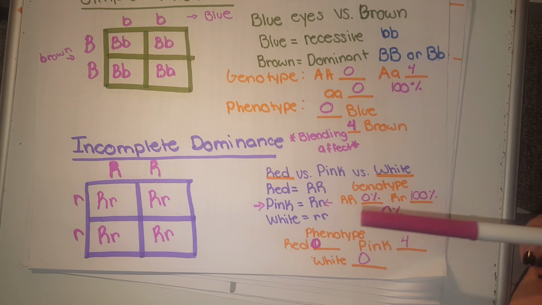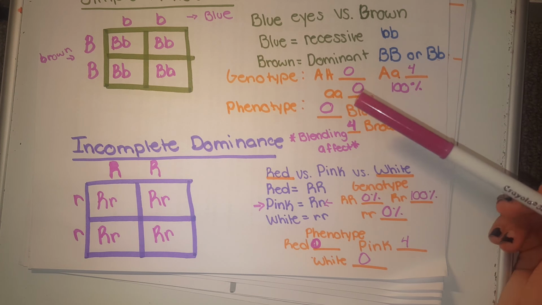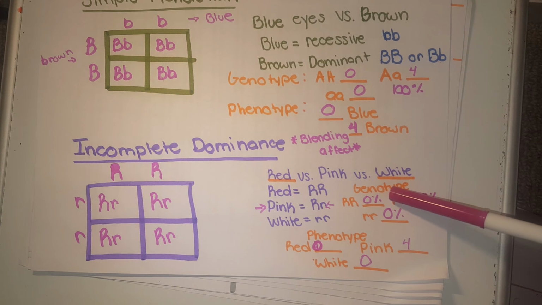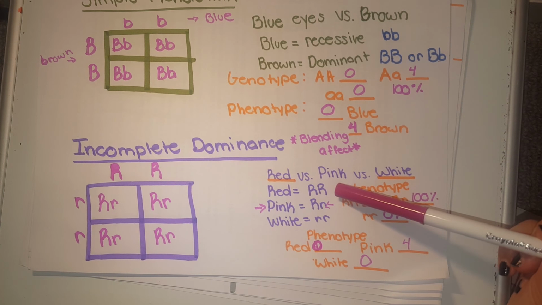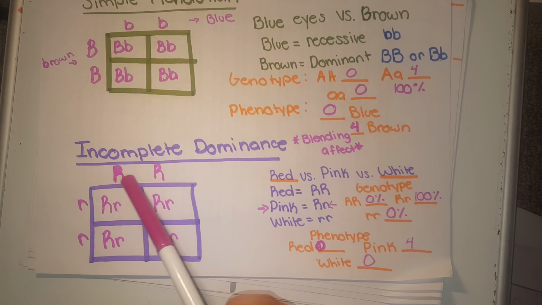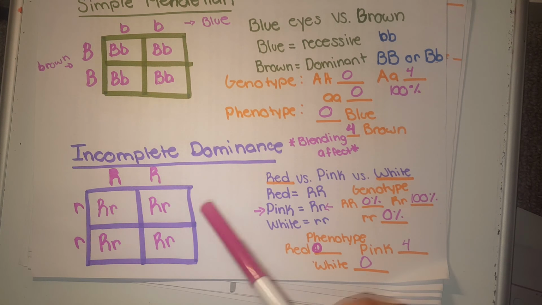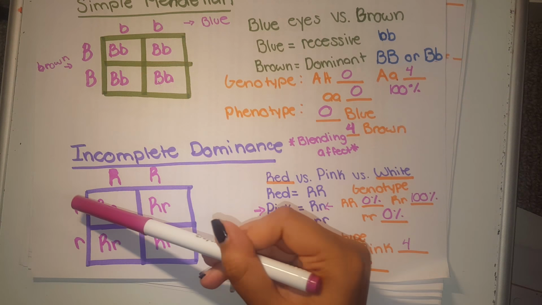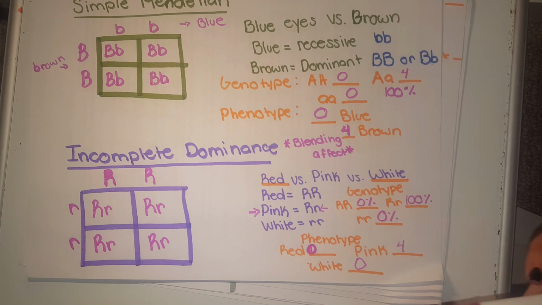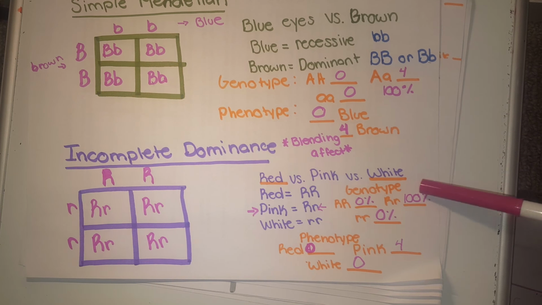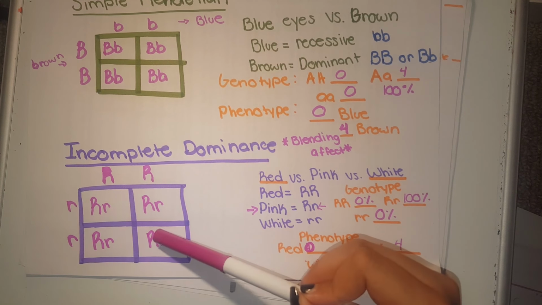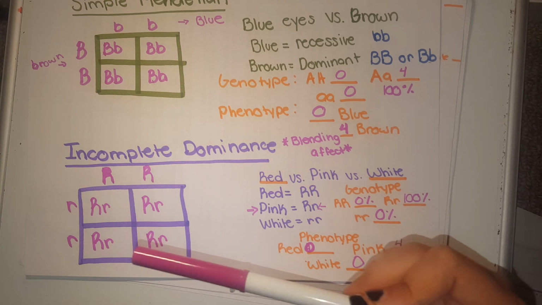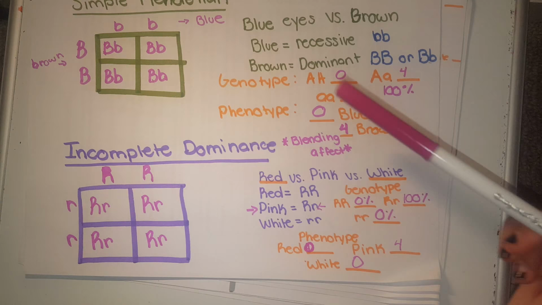Then for this case, we're going to blend red and white. Red, we know, is homozygous dominant, so up here is a homozygous dominant. White is homozygous recessive, so here we would put a homozygous recessive. Now let's look. If we cross these, we have all heterozygous children, same thing as this one here.